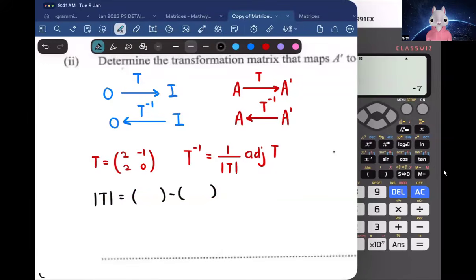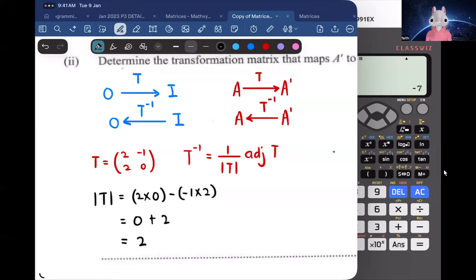So 2 by 0 is 0, and minus 1 by 2 is -2, and negative by negative 2 is -2 by -2 is 1. Plus 2. Remember, negative by negative is our plus.